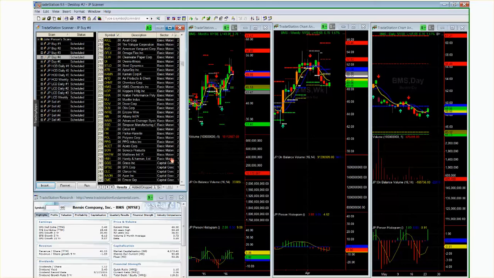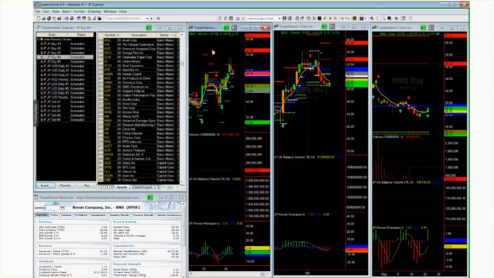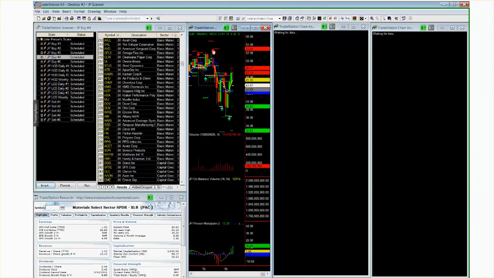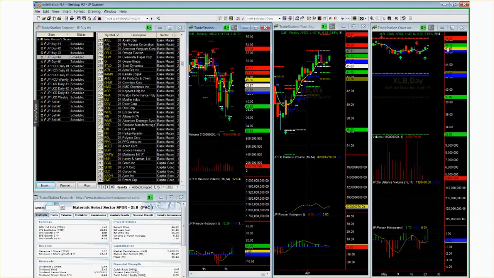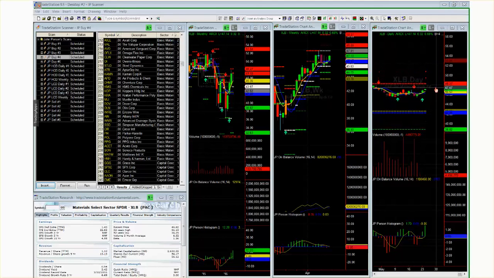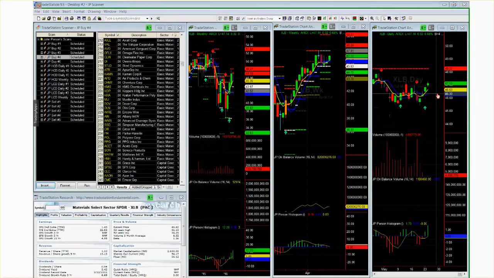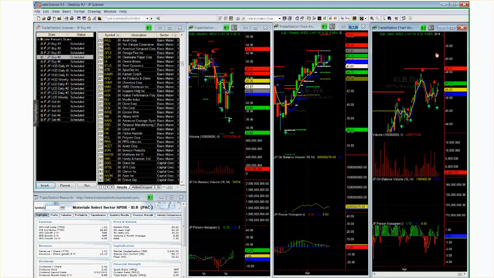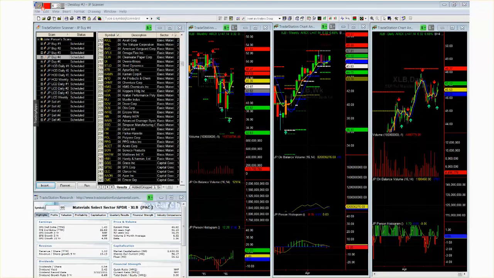That's what I'm trying to get at. Look at the basic materials, the amount of basic materials. So basic materials, maybe XLB. Let's take a look at the XLB, because if a lot of material stocks generated buys today, the more buys in a sector, the higher the probability and the stronger the follow-through might be.